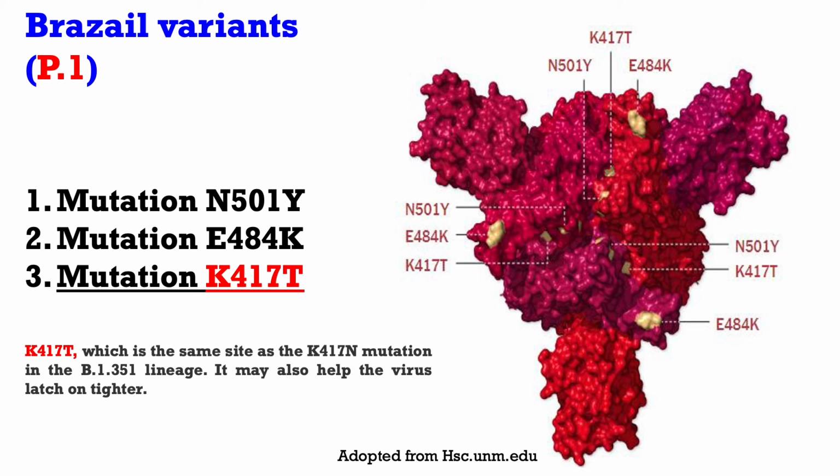However, the Brazilian variant has an extra mutation, which we call the K417T mutation, and this mutation makes the spike protein have an intimate and strong interaction with the ACE2 receptor, which resulted in more entry of the Brazilian variant into the human cell, and ultimately resulted in more transmission, as I have described previously.